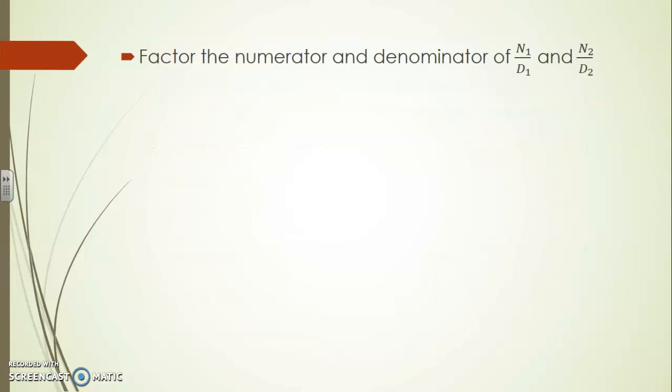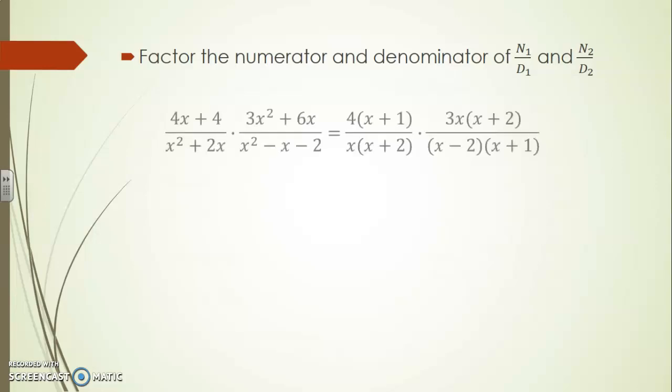This time we're going to factor both the numerator and denominator of the individual rational expressions. Techniques seen in prior videos are super useful here. In the first rational expression, both numerator and denominator can be factored by simple factoring, 4 being a common factor to the numerator and x to the denominator.